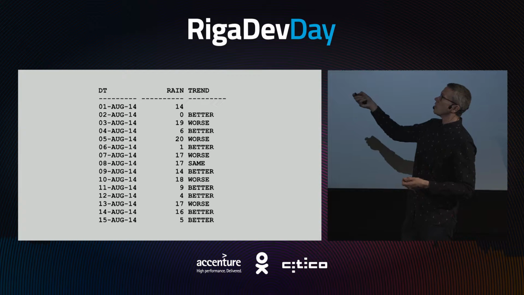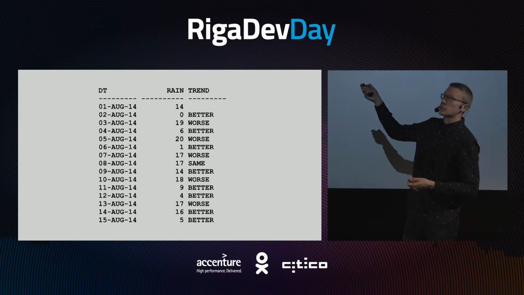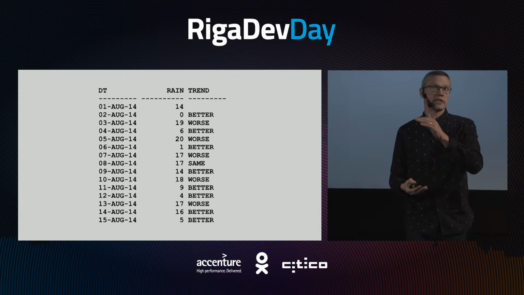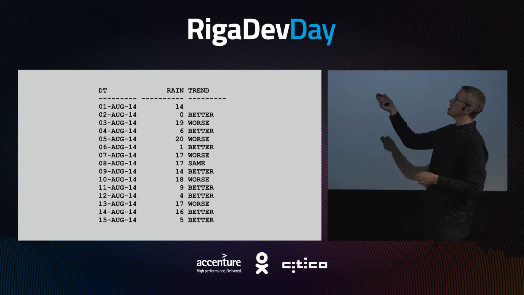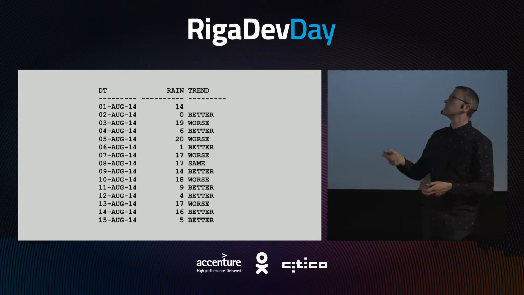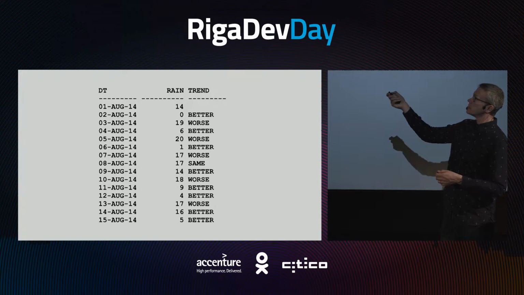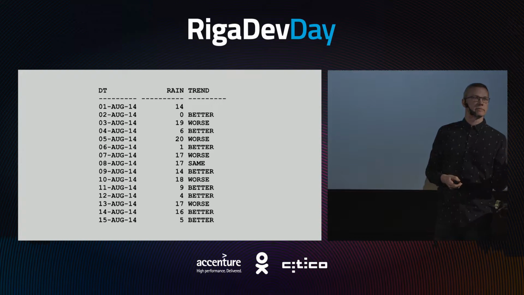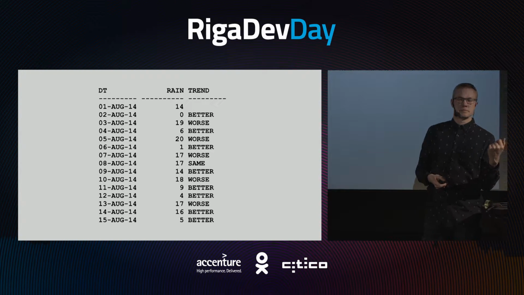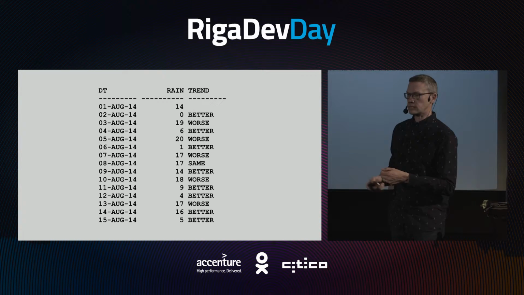August 2nd was a better day because there was no rain. The previous day was 14 centimeters of rain, while the second day was only 0. So it was a better day, right? Going to August 3rd, 19, it's a lot worse than the 2nd of August. Yeah, and so on.